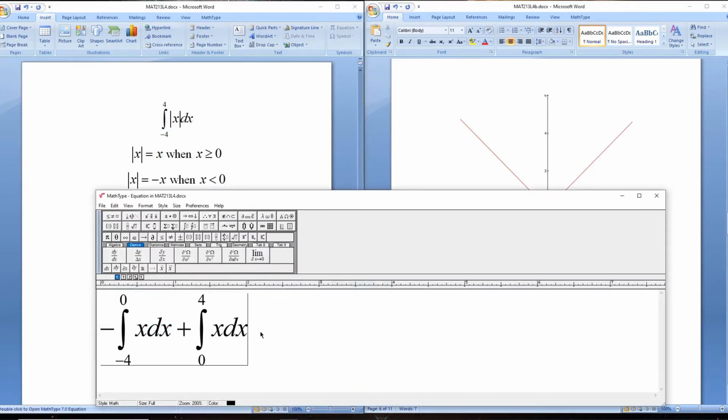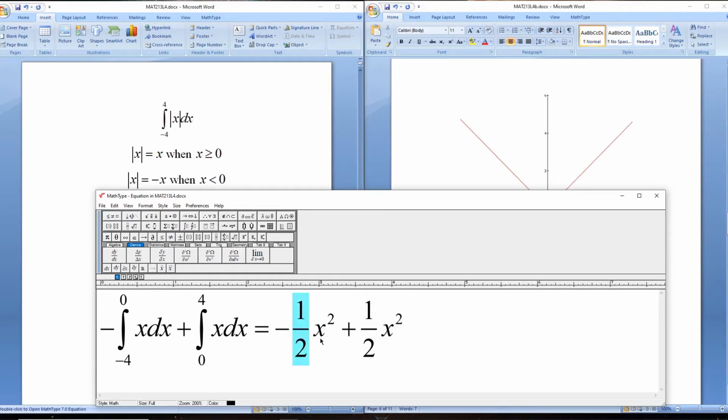And so now we can do these integrals. So we're going to have the integral of minus x. So we're going to add 1 to the exponent, so we'll get a 2 there. And again, remember, we have to always divide by that new exponent. Plus another integral of x. That's another 1/2 x squared.